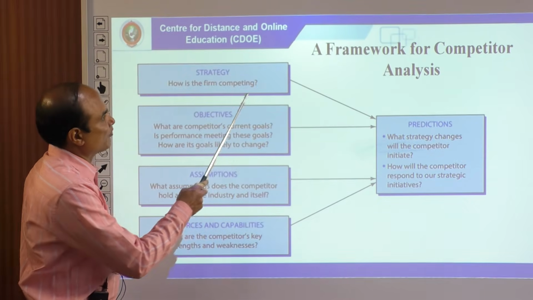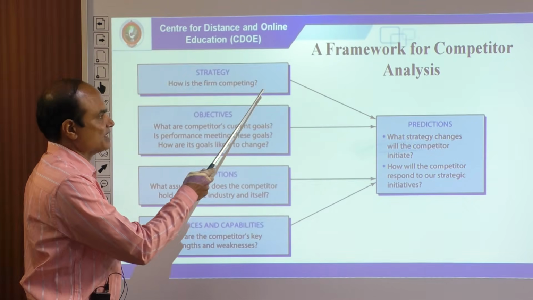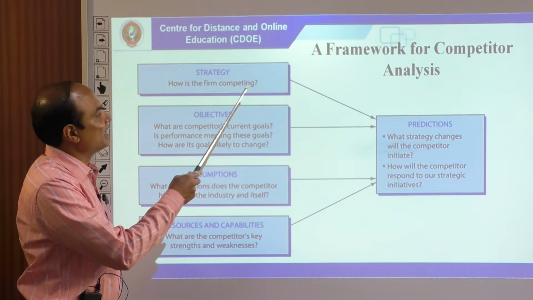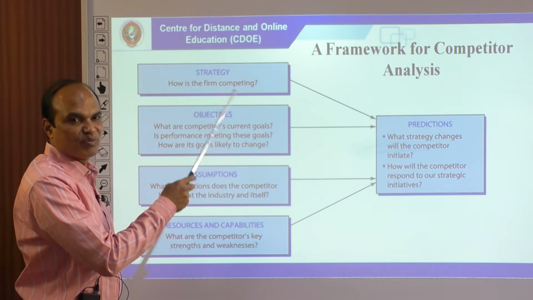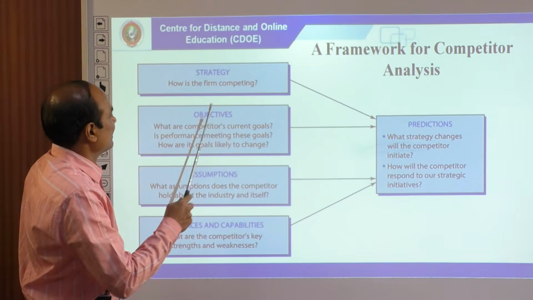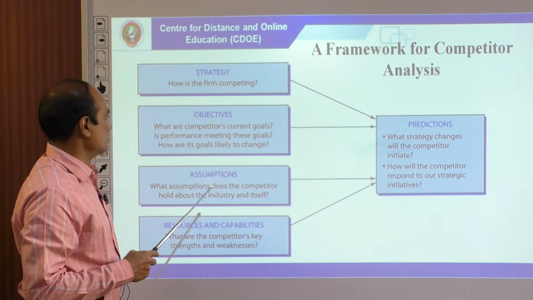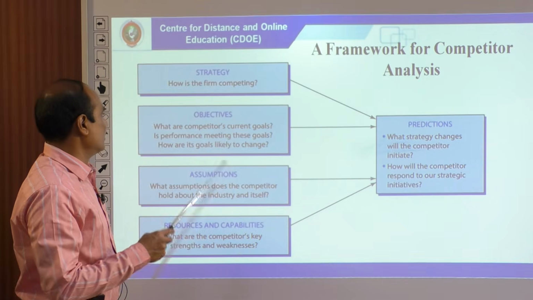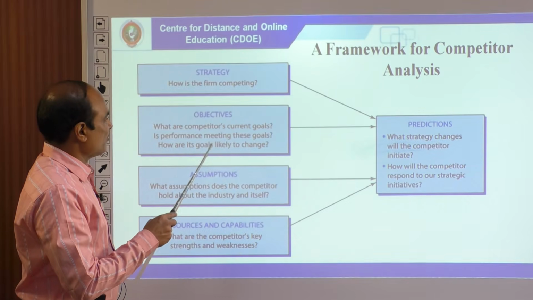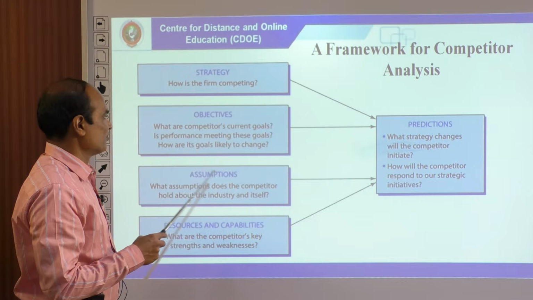Of course, it is not applicable to a single firm, it is applicable to multiple firms. How each and every firm is competing and what are the objectives? What are the competitors' current goals? Then, is performance meeting these goals?